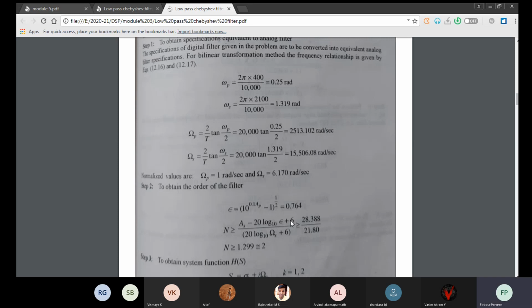Sorry, 1 second. For n is equal to 2, it is 0.6367. Got?